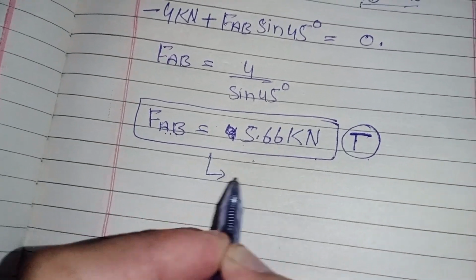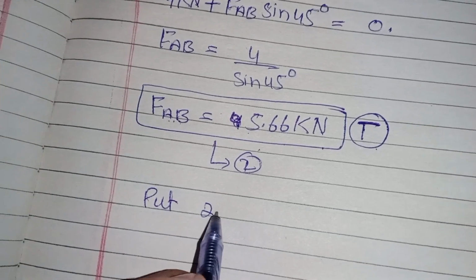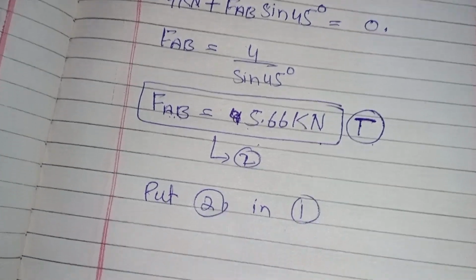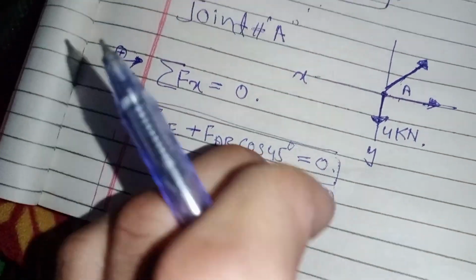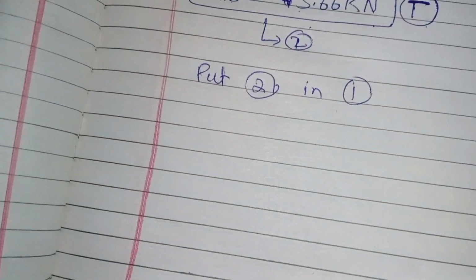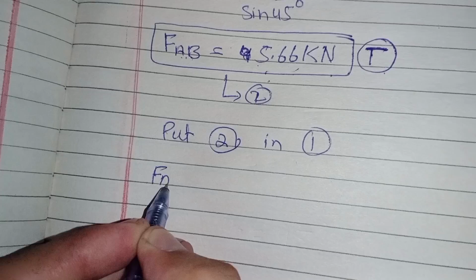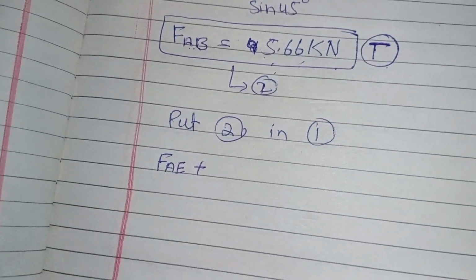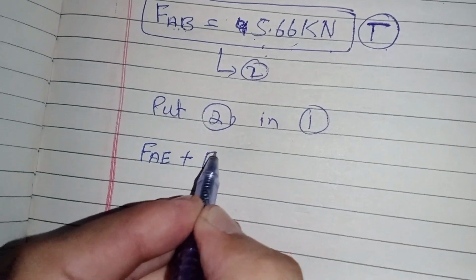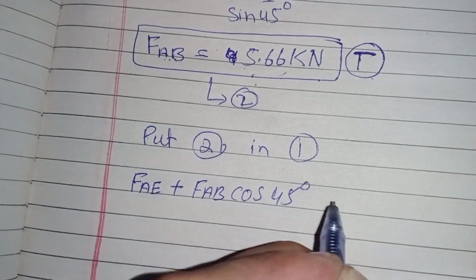I put equation 2 in equation 1, for example. So I put F AB 5.66. F AE plus F AB cos 45 degree equal to 0.